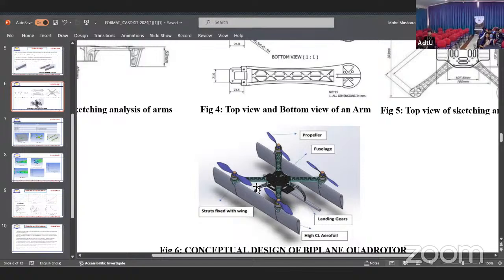But in your objective, you mentioned that it will try to reduce the power consumption. Am I right? Yes, sir. Okay. While you are adding the plastic strip, obviously the empty weight of the quadcopter may increase, right?